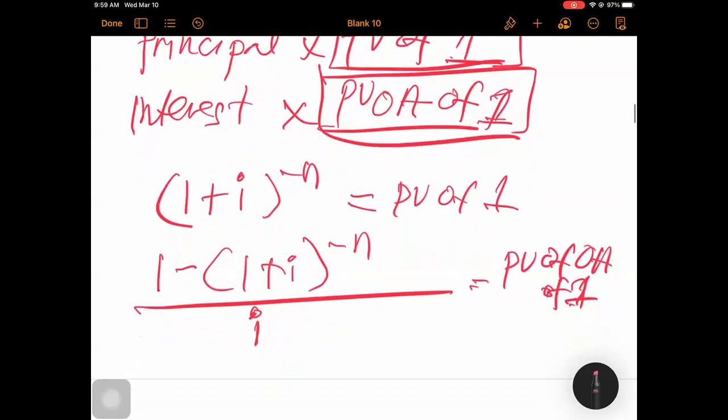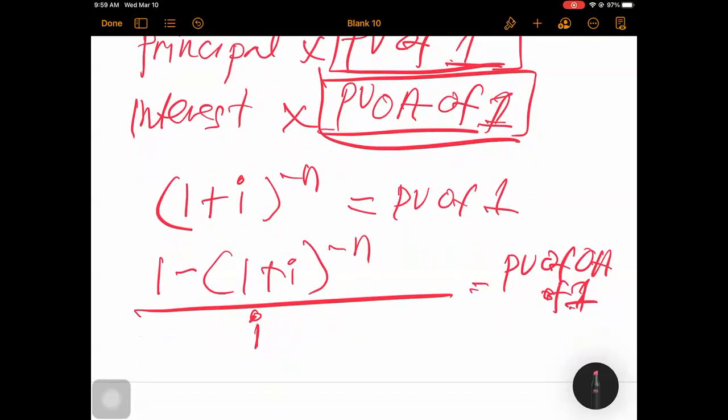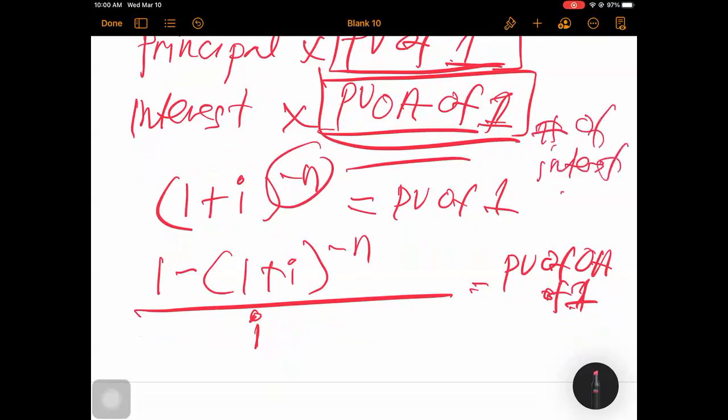So again, i is your effective rate, dili ang nominal. That's effective rate. Ang n pod nimo is the number of interest payments. Because some of the problems naka-annually, naka-semi-annually, or naka-quarterly. So you need to update the n based on the number of interest payments.